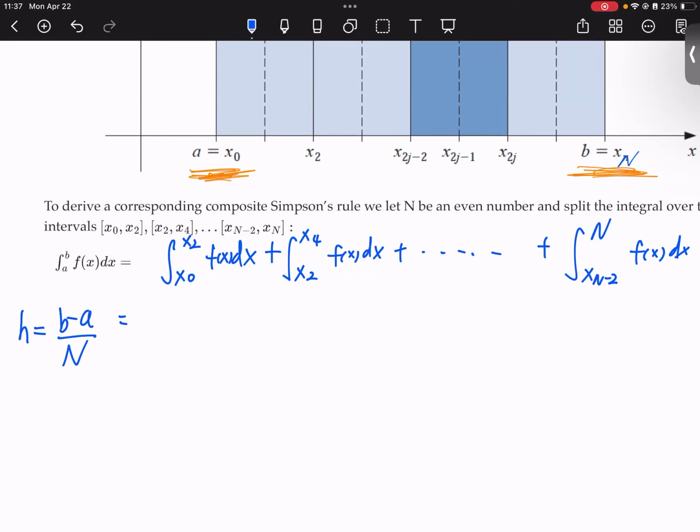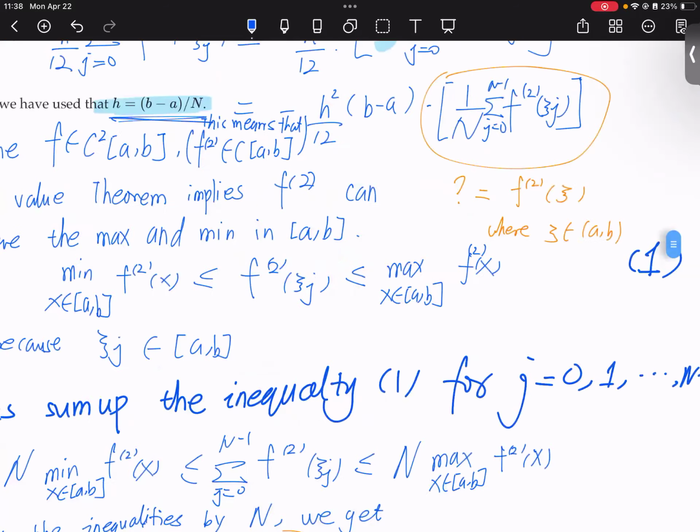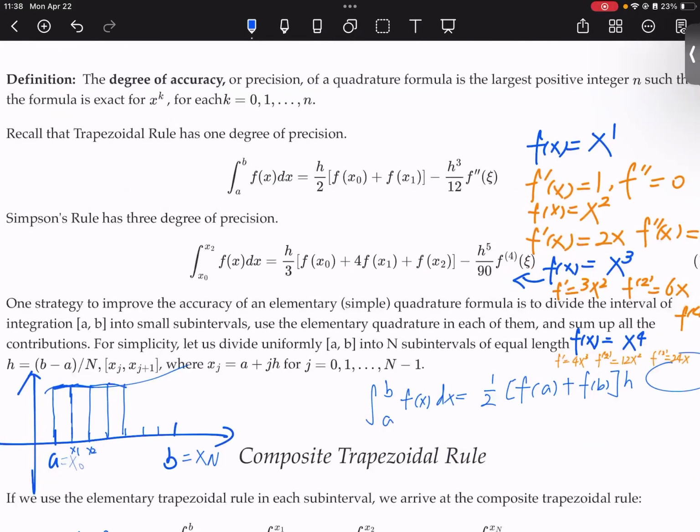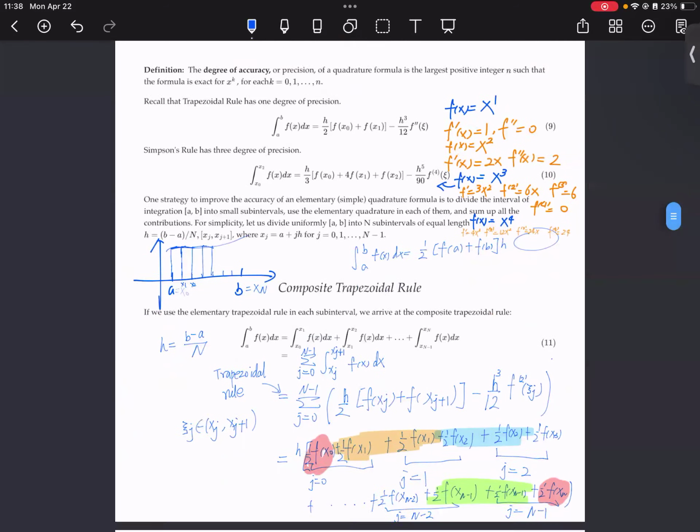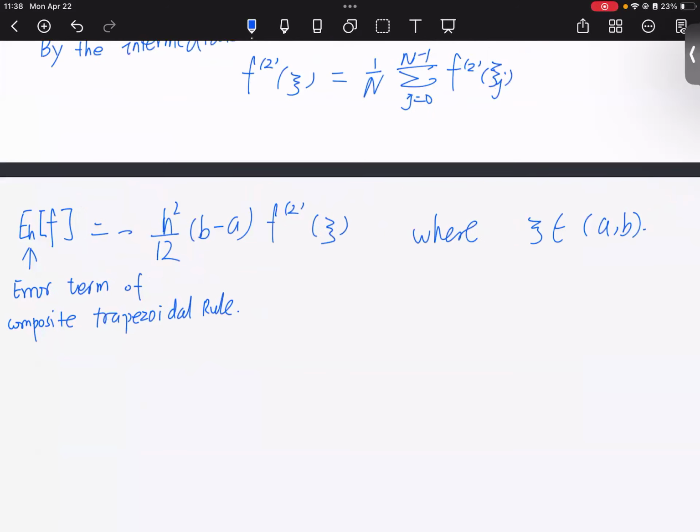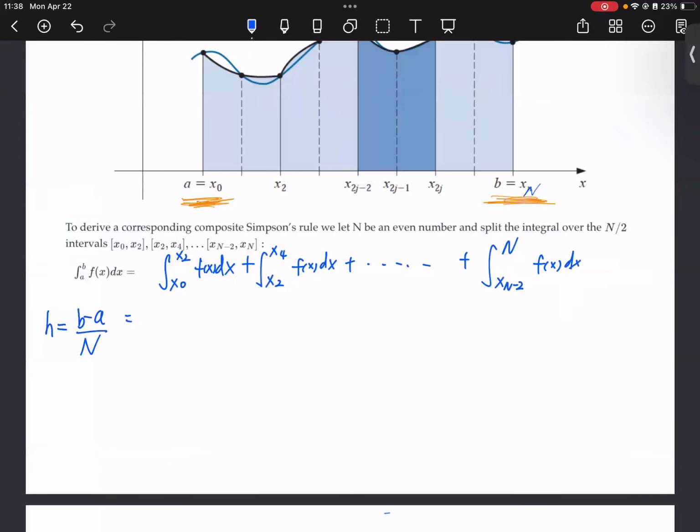From the Simpson's rule, we have coefficient 1 for the left endpoint, 4 for the middle point, and 1 for the right endpoint, with h divided by 3. Applying it to the first interval, we have h divided by 3 times f(x0) plus 4f(x1) plus f(x2), right? So generally we have this.